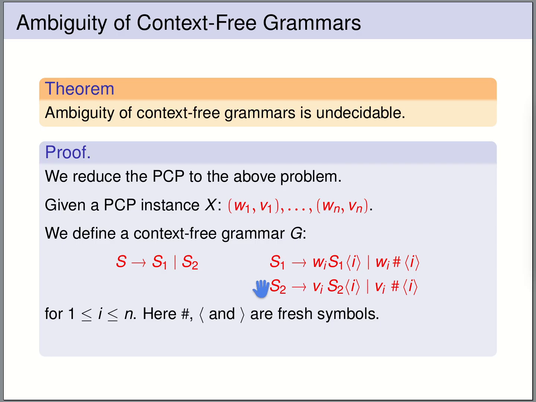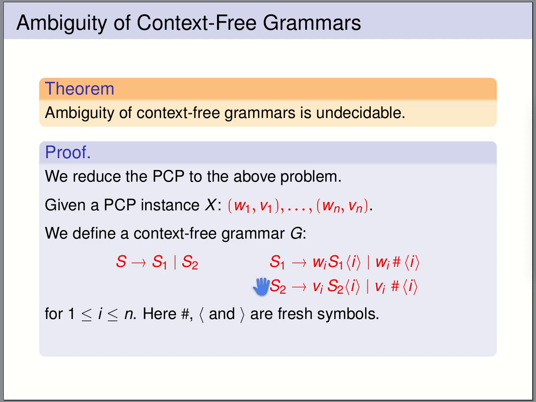Now we put these two grammars together in one grammar and we add a fresh starting variable and two new rules, namely the fresh starting variable can rewrite to S1 as well as to S2. So we can either generate a word from S1 or from S2.